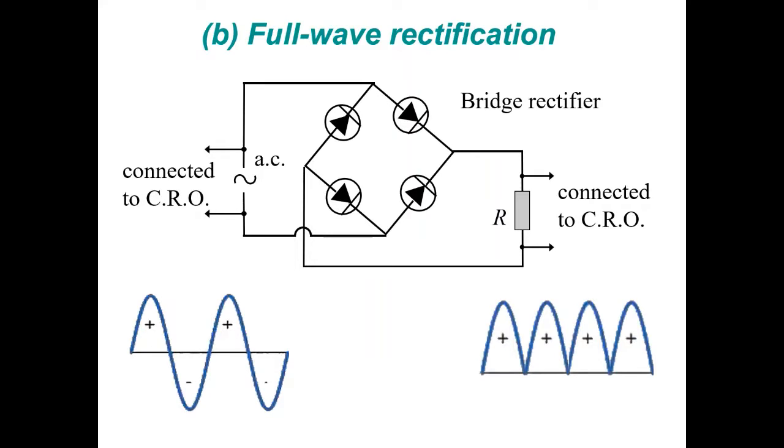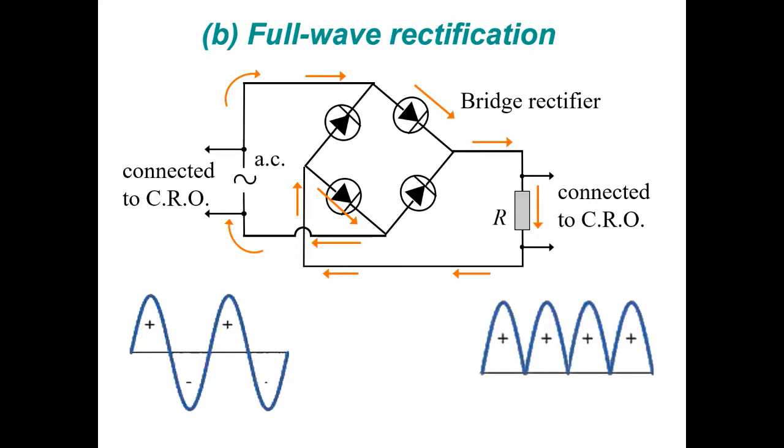This diagram shows the full wave rectification. For a full wave rectification, we need 4 diodes. These 4 diodes we call the bridge rectifier. The direction of these 4 diodes must be correct to allow the current to flow. First of all, we look at the half wave of the alternating current, so we see how the current is moving.